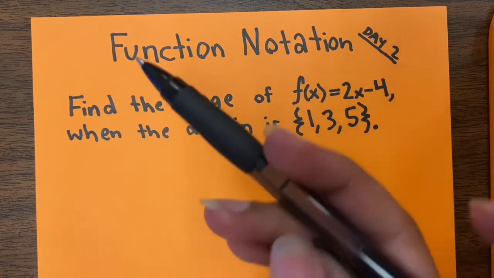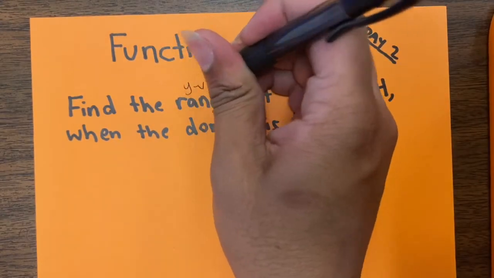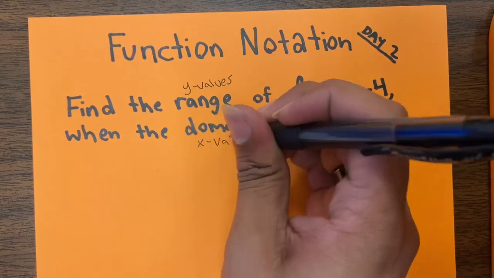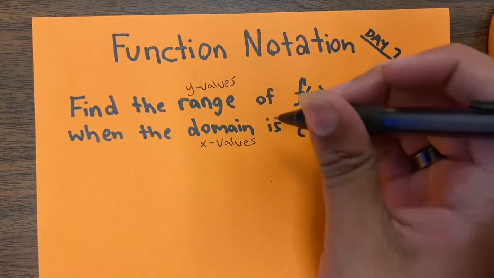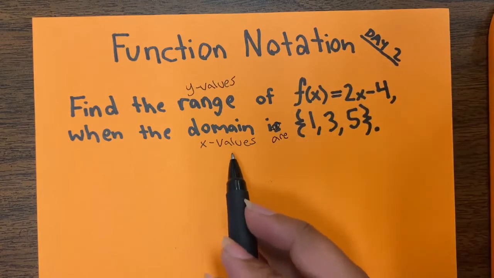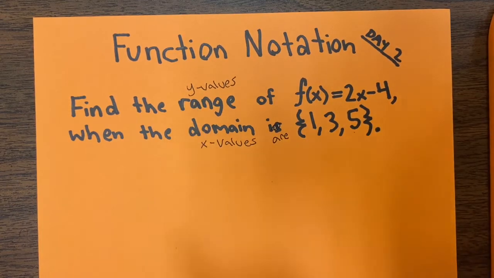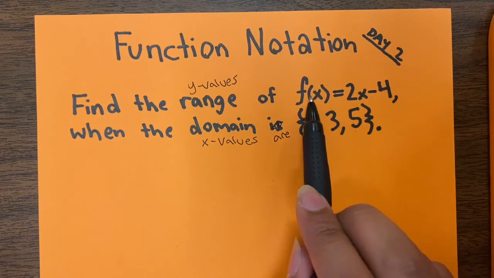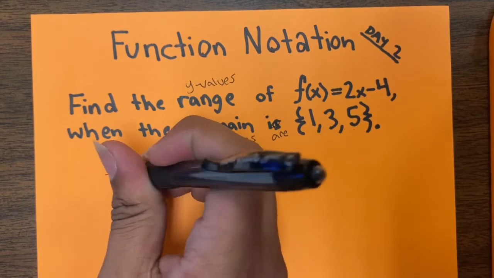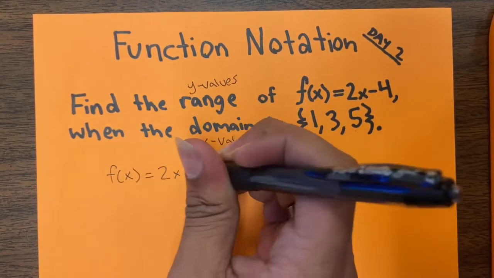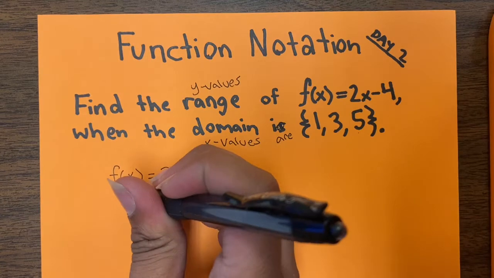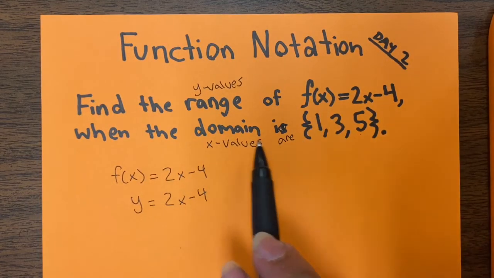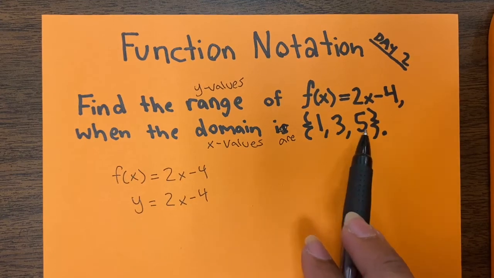So it wants us to find the y values when the x values are 1, 3, and 5. So I'm going to replace f of x with y equals, because remember, f of x is basically the y, and now I replace x with 1, 3, and 5.